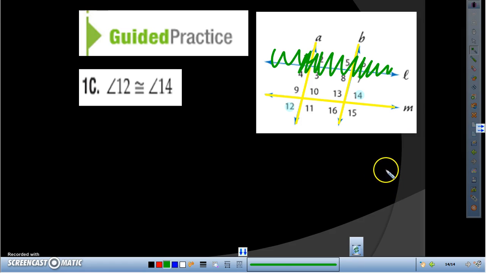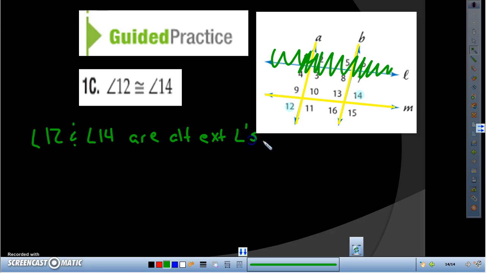So what kind of angles do I have? Always my first order of business, define the relationship between the angles. They're on opposite sides of the transversal, meaning alternate something, and they're exterior. So angle 12 and angle 14 are alternate exterior angles.